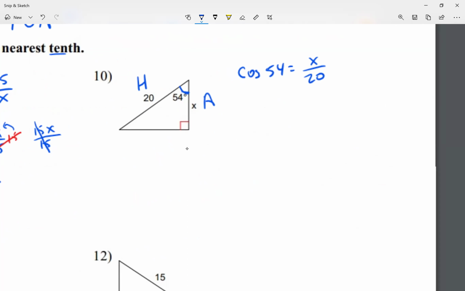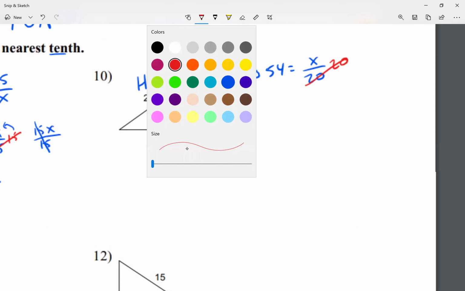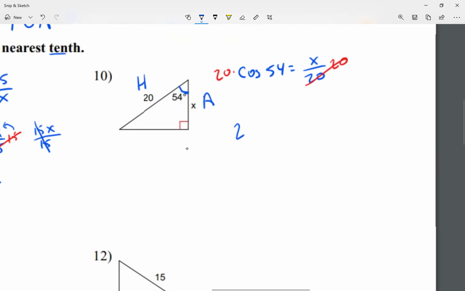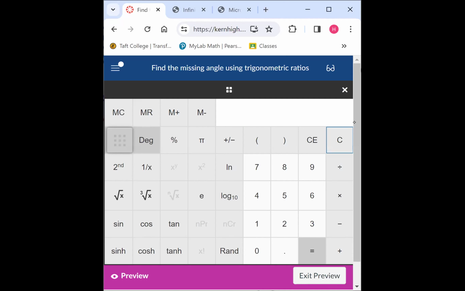Now, in this case, x is on the top of the fraction, so I don't have to flip fractions. X is already on top, so I'm just going to multiply both sides by 20. Those 20s cancel out. So I get that 20 times cosine of 54 is equal to x. All right, let me grab my calculator. It's already in degrees, but let me clear this.